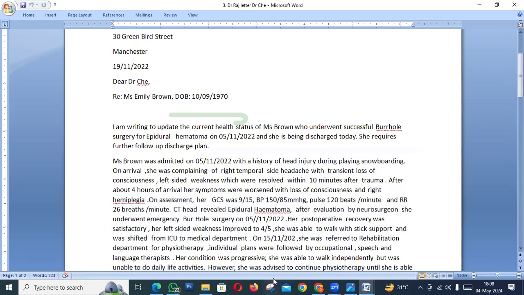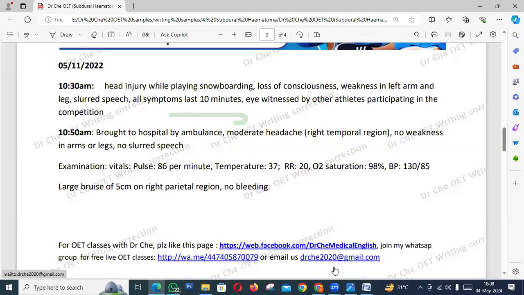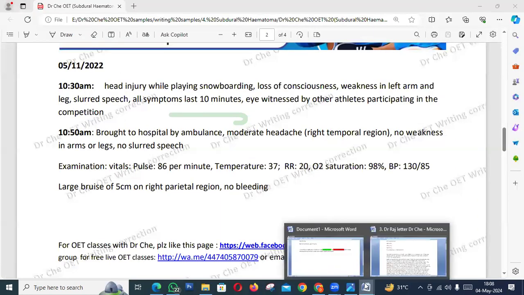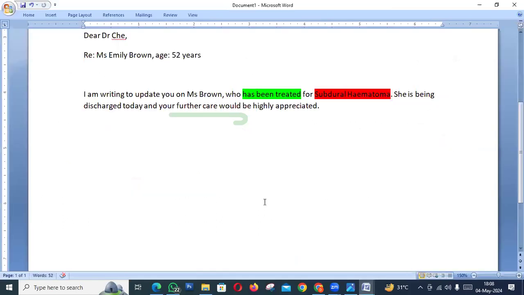The purpose of writing a letter is to give the information concisely, to the point, only important information, well organized, okay? So now let us write the paragraph.